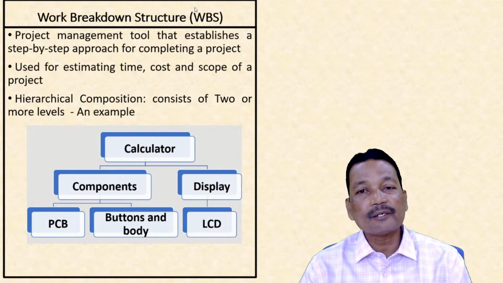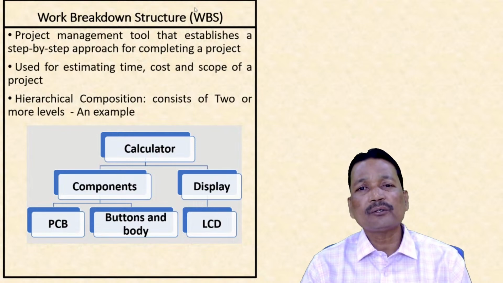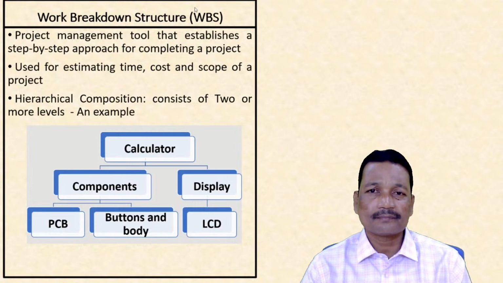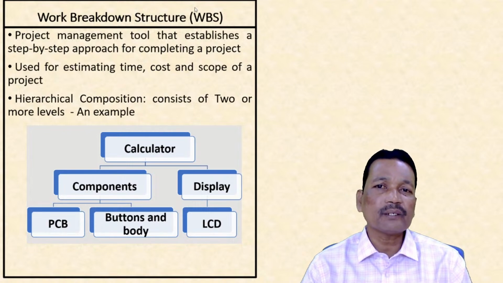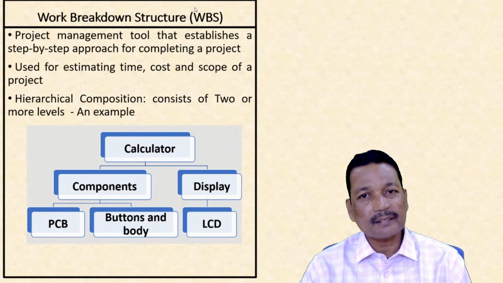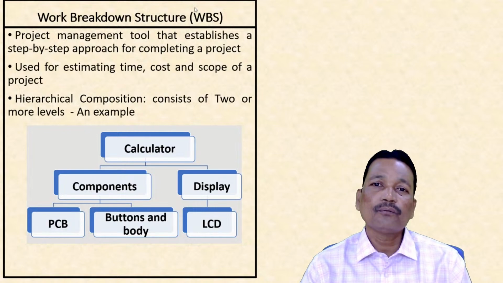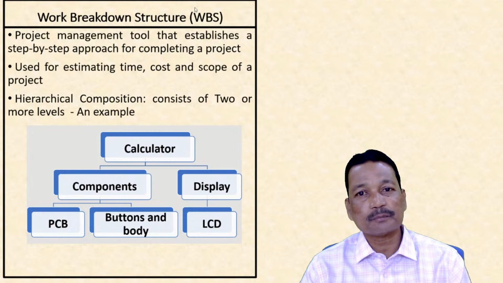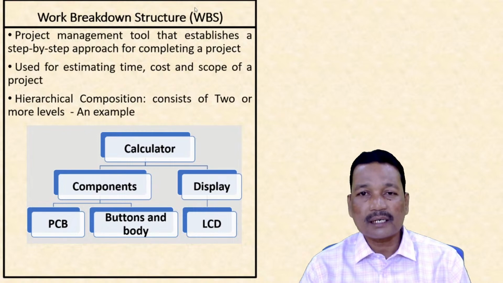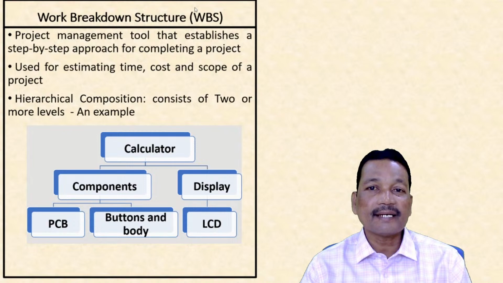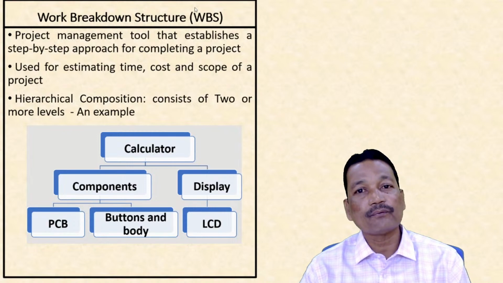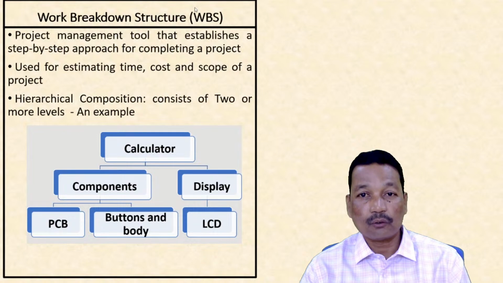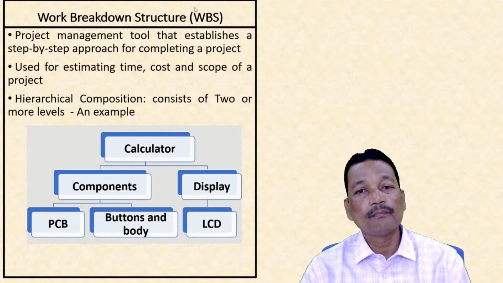That means it will break down the whole project into small activities which get together at various levels in order to form the main project. And once we break down into the smallest activities, we get a better picture of the time, the cost and the scope estimates for the project.